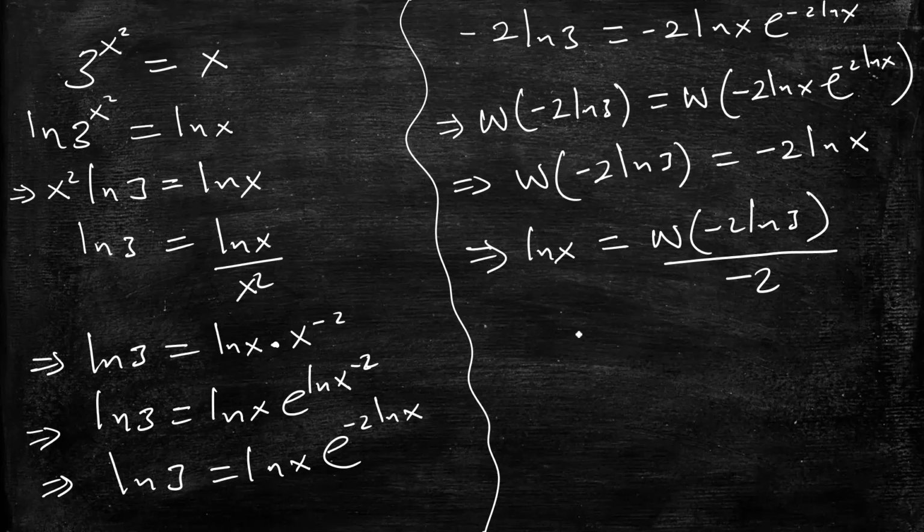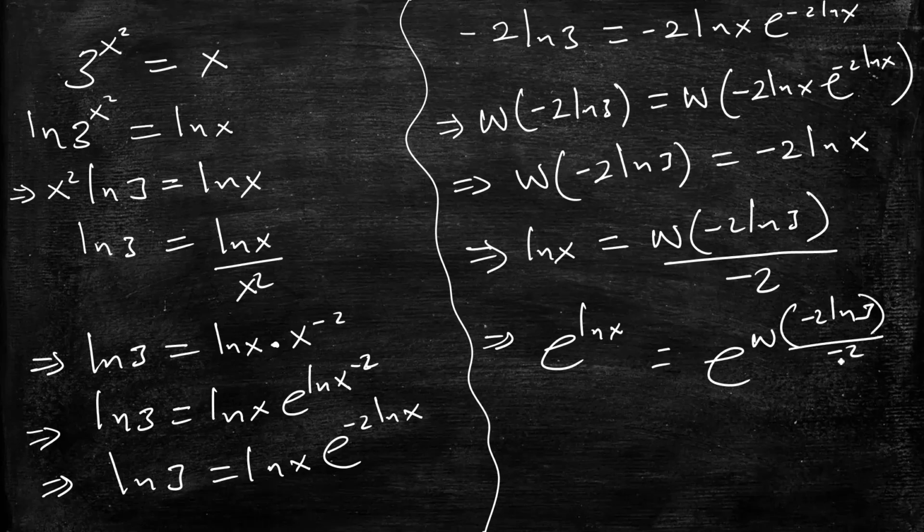Just as we said, e raised to ln of something is that thing. We can remove the ln here by taking e on both sides. So we have e raised to ln of x, and I'll do the same to this side, e raised to W over minus 2.